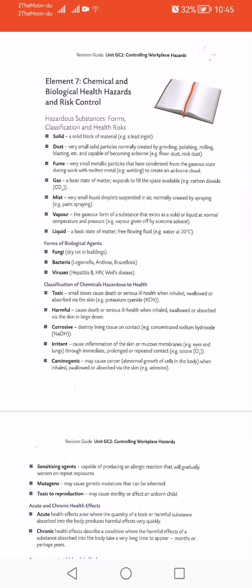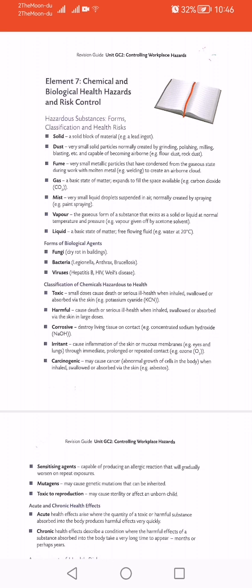Toxic means a small dose causes death or serious ill health when inhaled, swallowed, or absorbed via the skin, like potassium cyanide. When you inhale this toxic substance or chemical, it can affect the system.